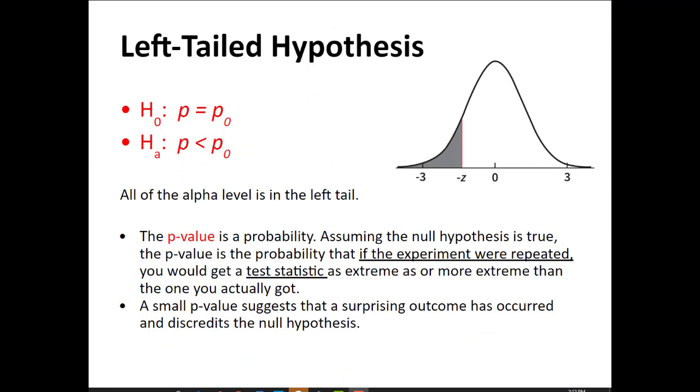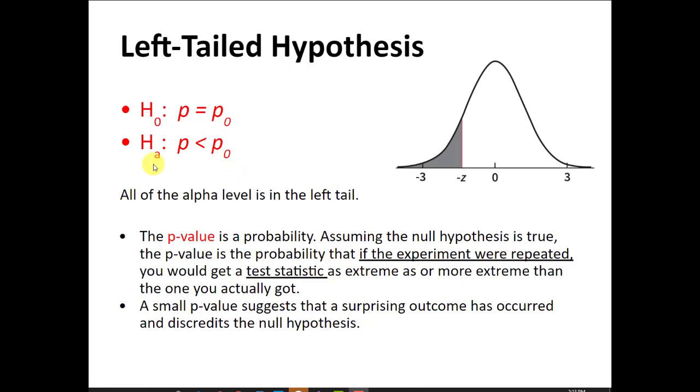Let's see what happens when we have a left-tailed hypothesis, okay? And see how we go about retaining and rejecting. When you have a left-tailed hypothesis, your null, of course, is always going to be that the expected proportion is equal to whatever expected proportion you were given for the null, whatever it is believed to be in the population.